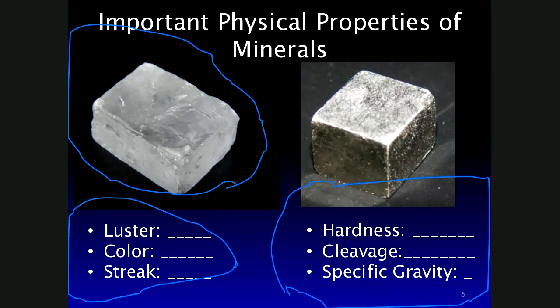Not going to be brassy yellow, right? So streak is the color of the powder of the mineral. So the streak of a mineral can be a different color compared to the color of the mineral itself.